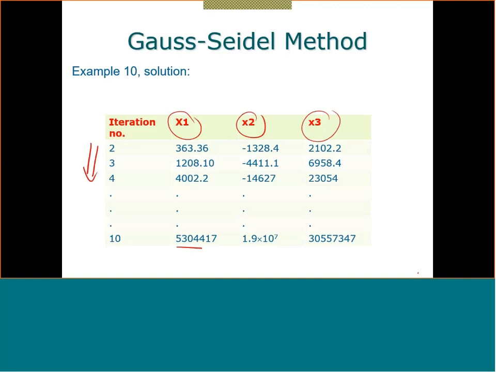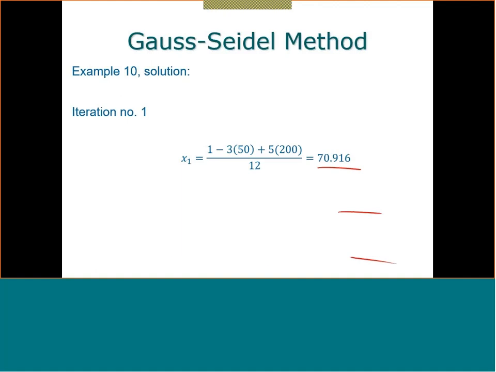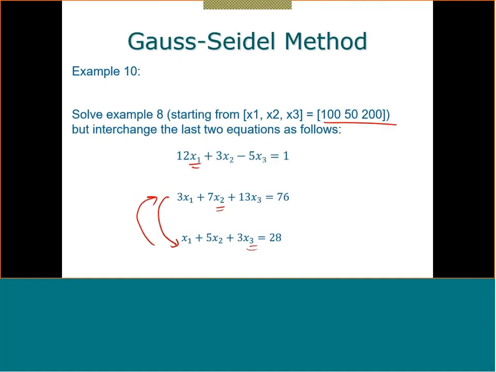But here we are like 5 million, here 1.947. So it is a very, very large number. So we are diverging. What went wrong? We just interchanged two equations. We did not change the variables. We didn't change anything in the equations. I just did this, and I end up having this huge problem in my algorithm.